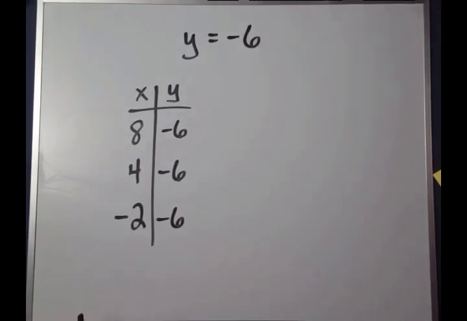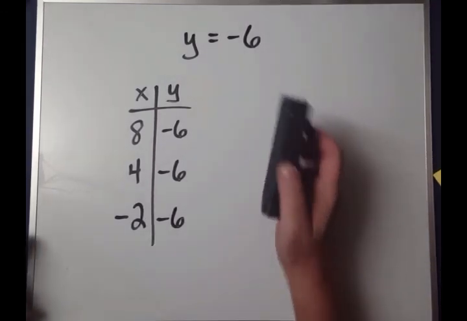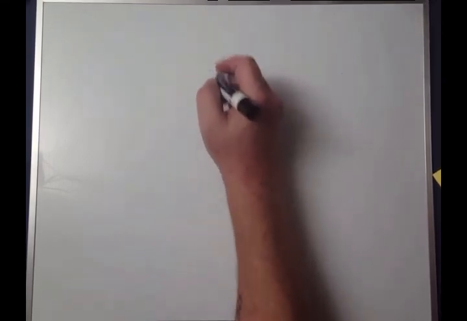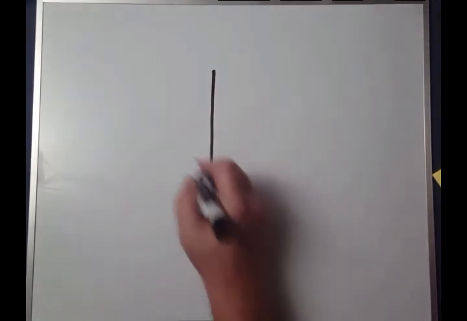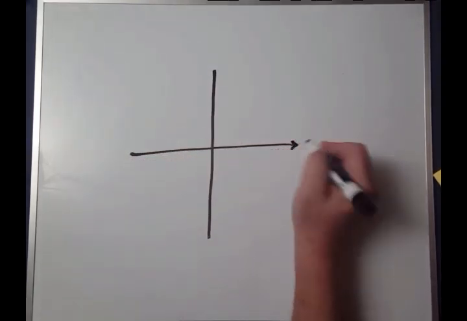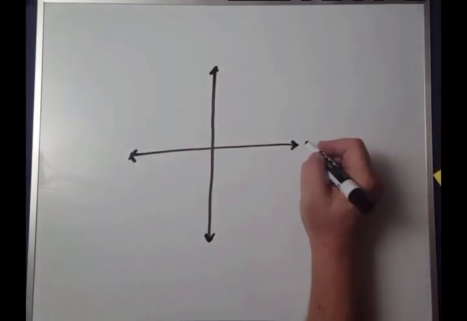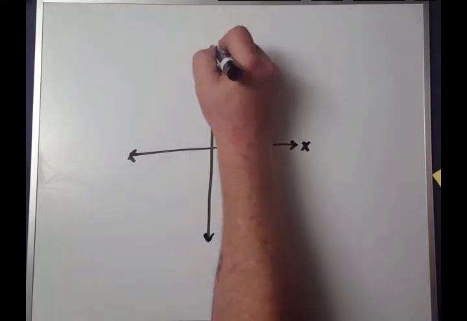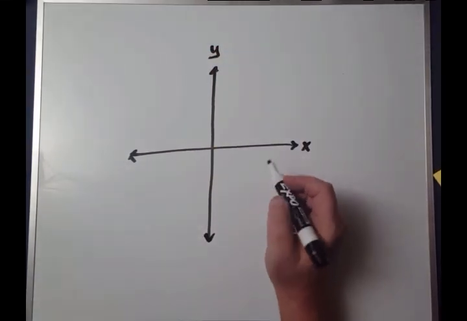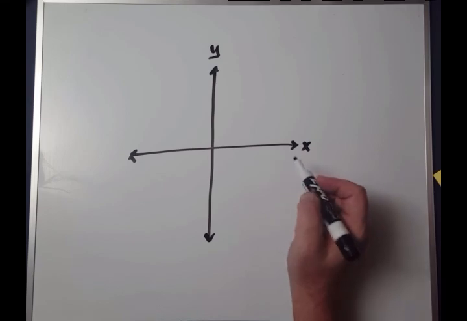When it comes to dealing with ordered pairs, we like to represent them graphically and see if there's some relationship among certain sets of ordered pairs. And for that, we're going to use our rectangular coordinate system, also called the Cartesian coordinate system, named for philosopher and mathematician René Descartes.